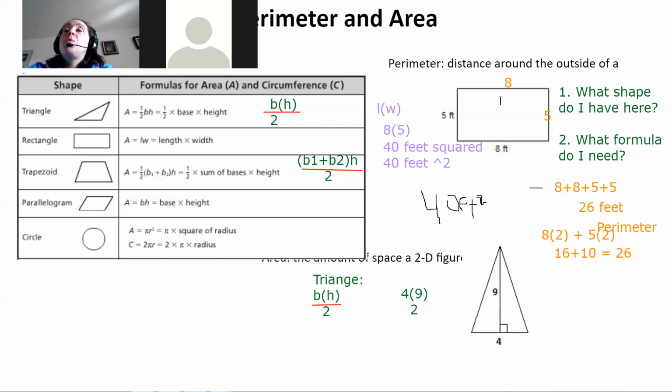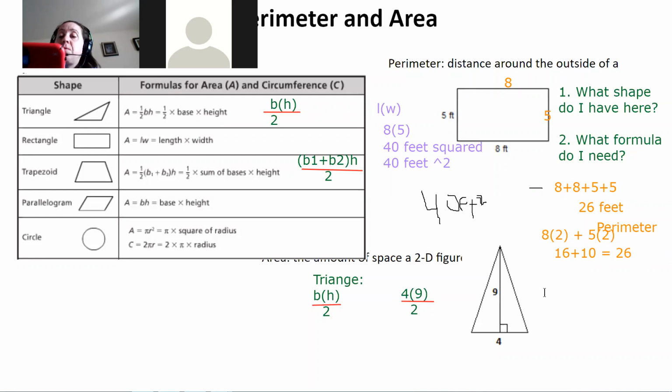So what is 4 times 9 and then divided by 2? 12. I think that's right. Might be 18.